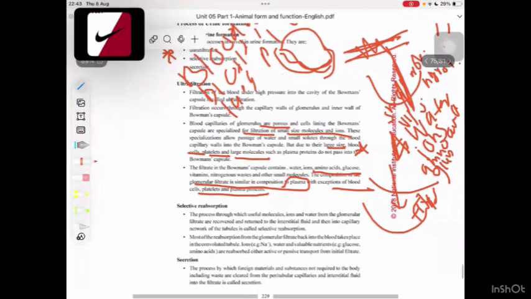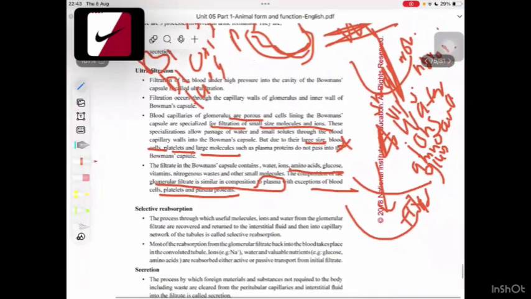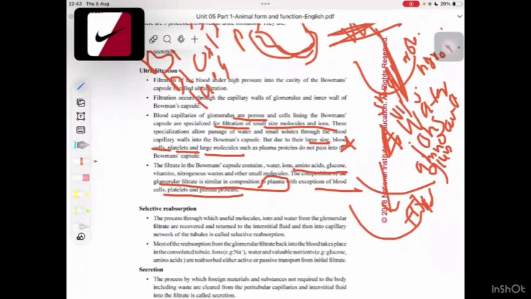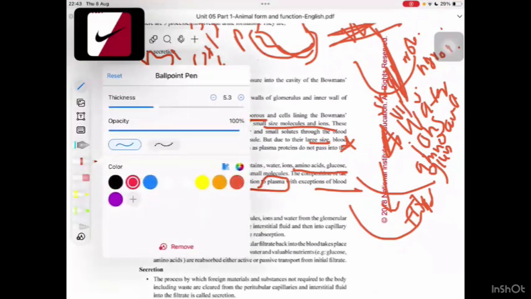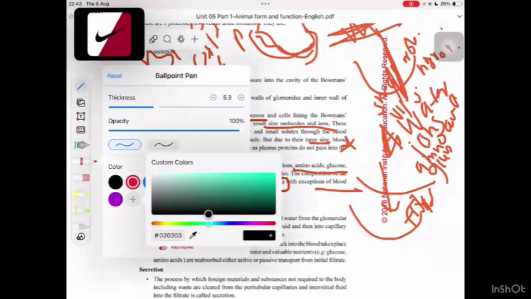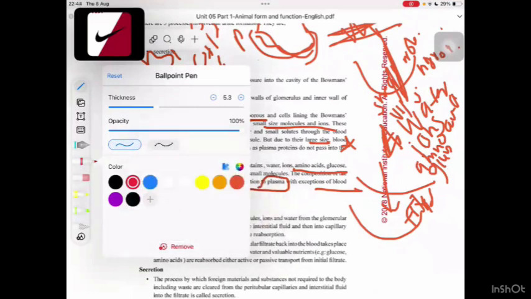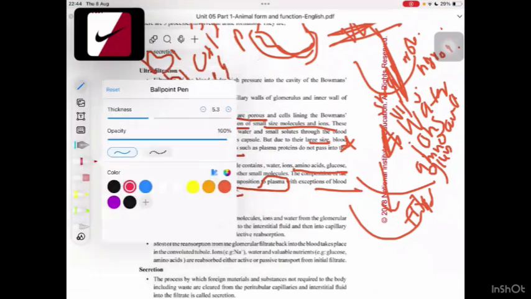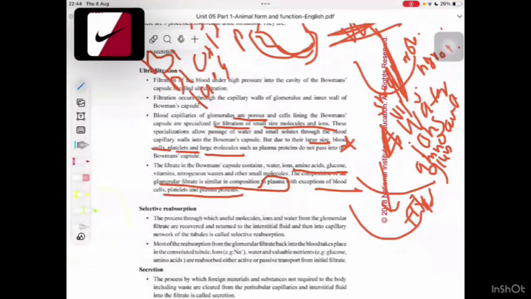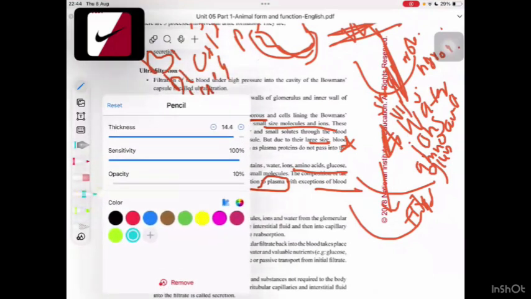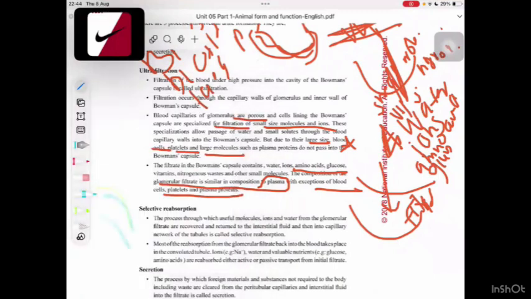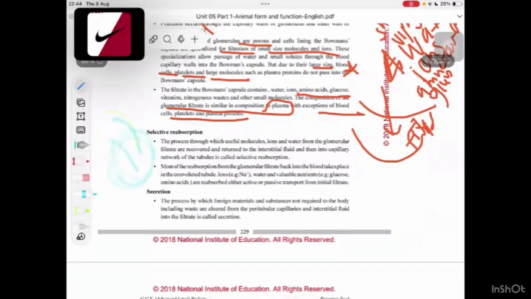Selective reabsorption. The process through which useful molecules, ions, and water from the glomerular filtrate are recovered and returned to the interstitial fluid. Now, if we take the glomerulus like this, this is the Bowman's capsule.